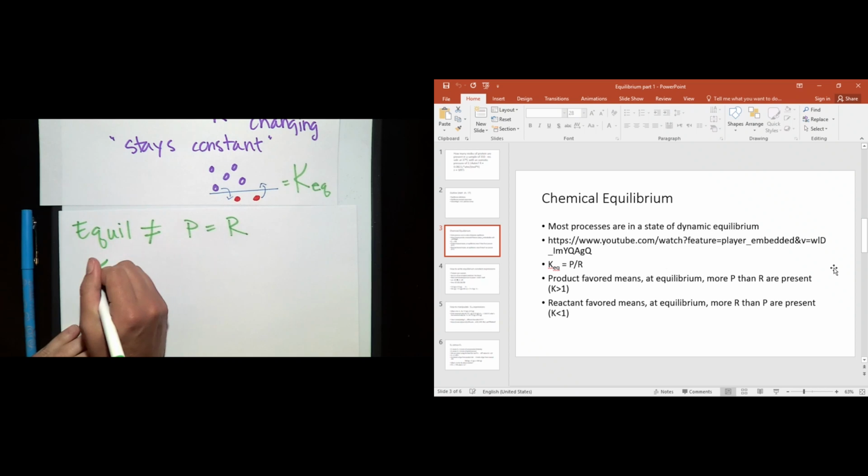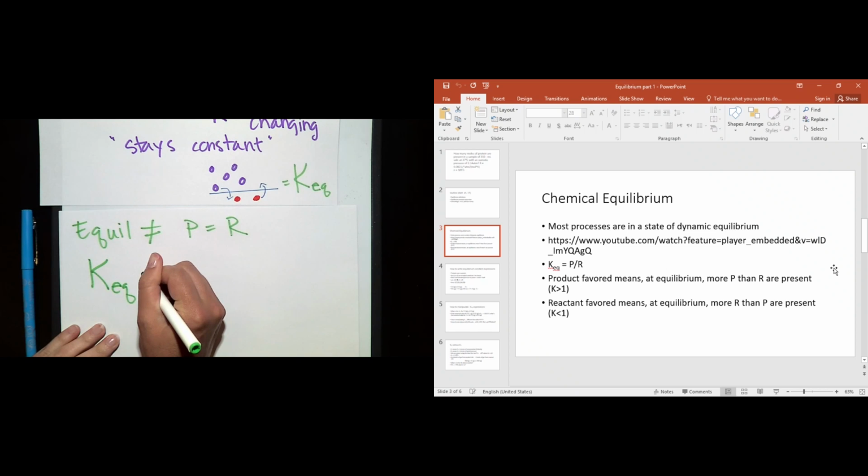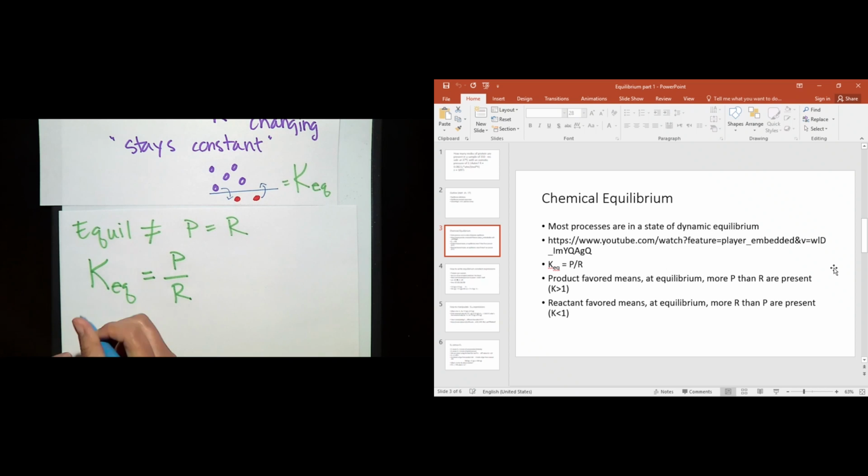So here's an equilibrium constant, product over reactant. This we can call an equilibrium constant. It'll be a number if we specify a reaction and a temperature. We can look up a number for that, this equilibrium constant.